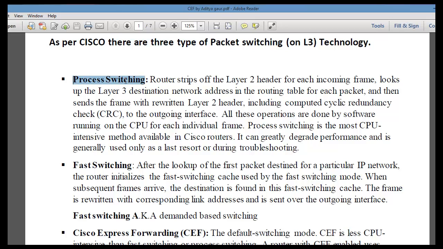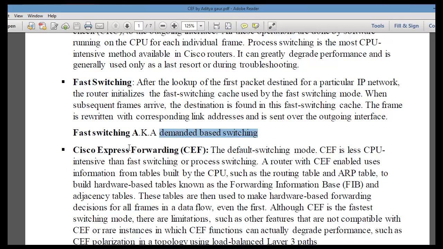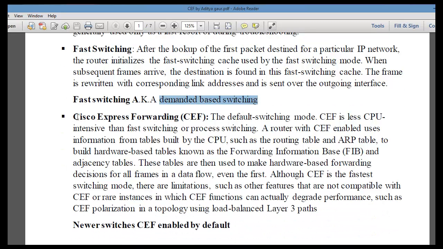The first one is known as process switching, that is used from the very beginning, and then fast switching, sometimes also known as demand based switching, and finally the Cisco proprietary Cisco Express Forwarding, or CEF.